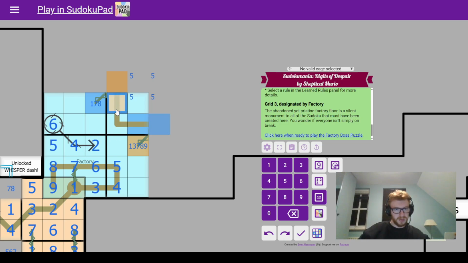Because that cannot be 2 and that cannot be 2. So then one of those is 3. And this cannot be 4, but this could be 4. So it's not true that one of those is 3.